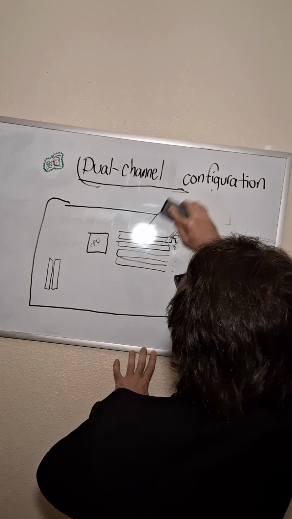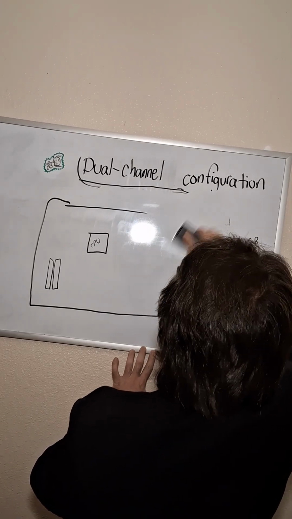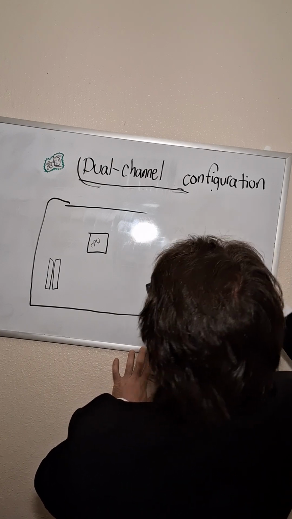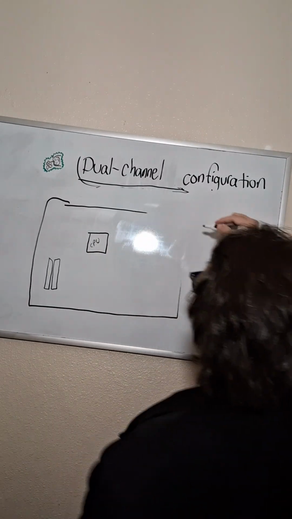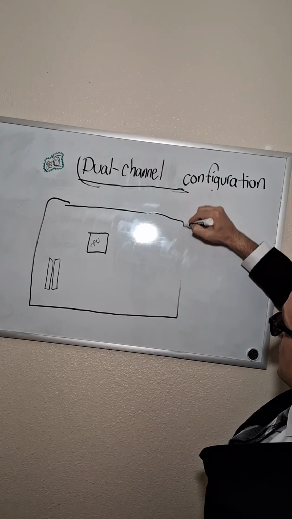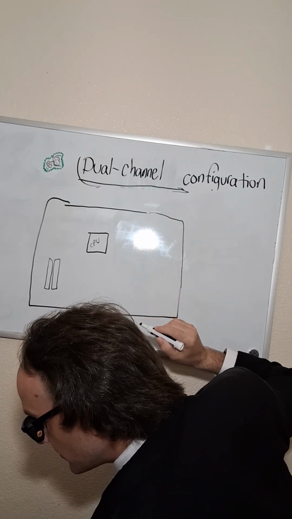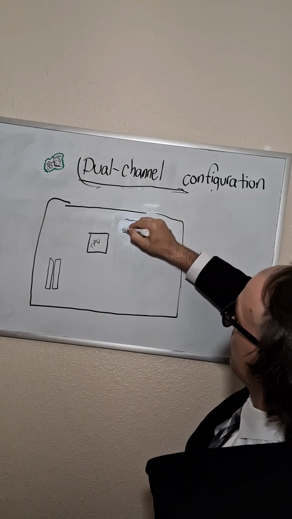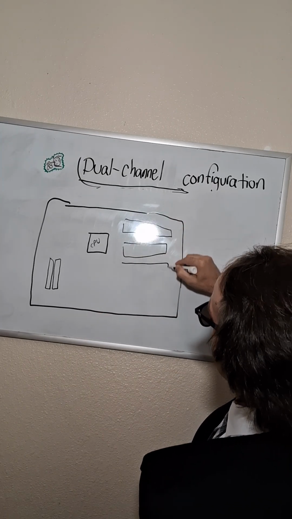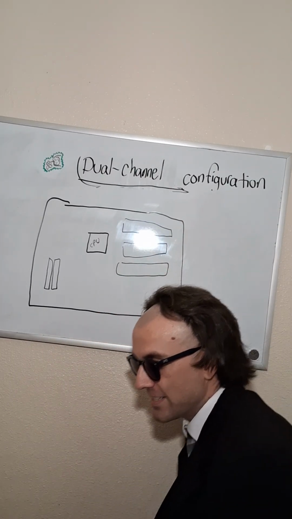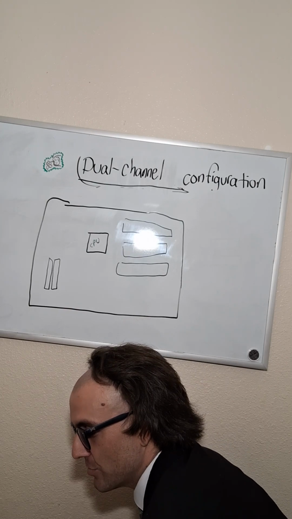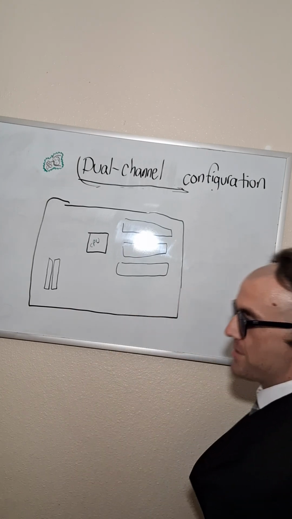So let's erase this and start over. And now we're going to do it with the triple and the quadruple. So we got the motherboard, and then we got one slot here, we got 2 slots, and 3 slots. So Intel i7-900 series processors support triple channel memory architecture.